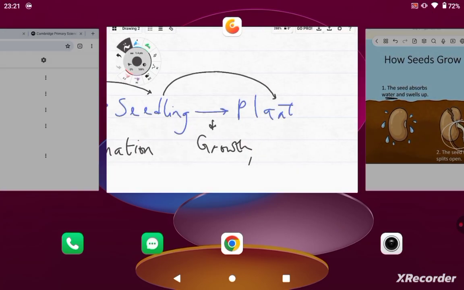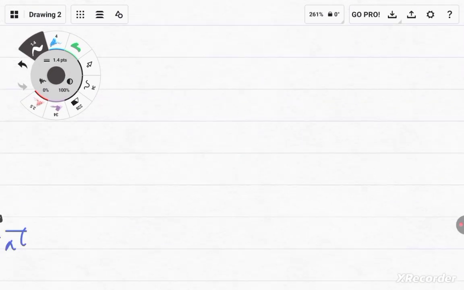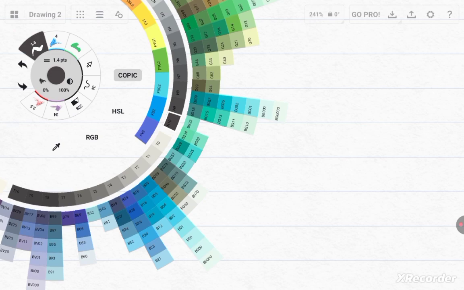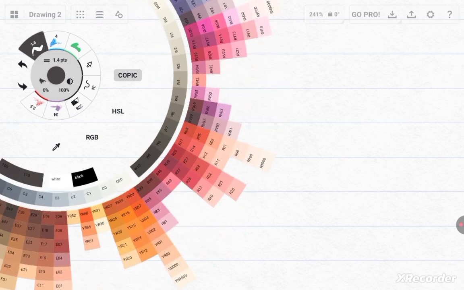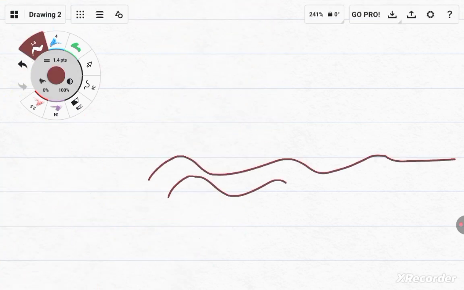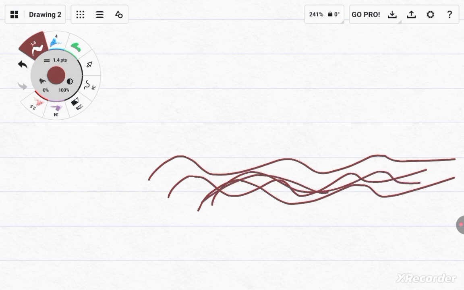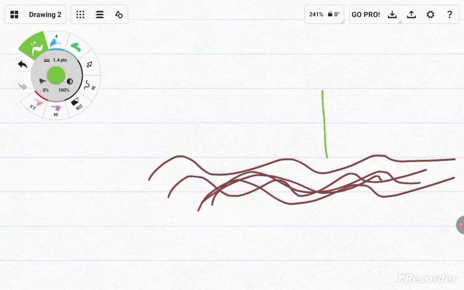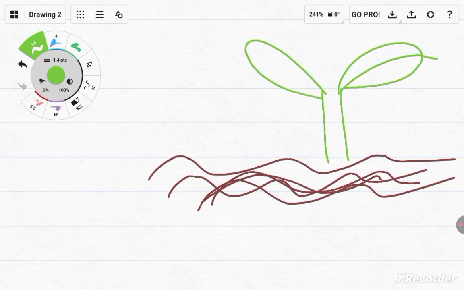So let's go back so we can understand this very well. Imagine I have my soil like this, let me make it brown, and then I have a plant like this.